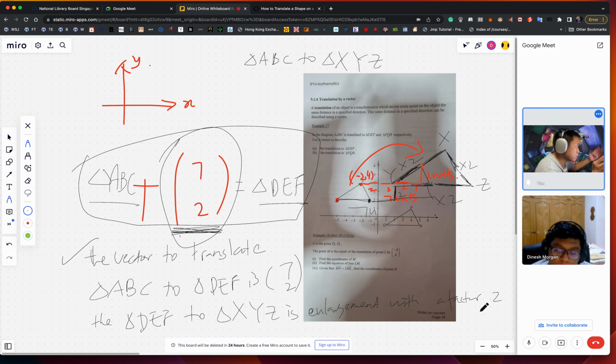Half means you halve it, or the other way, opposite to it, negative 2. Is there a way to write a factor of 2 mathematically?